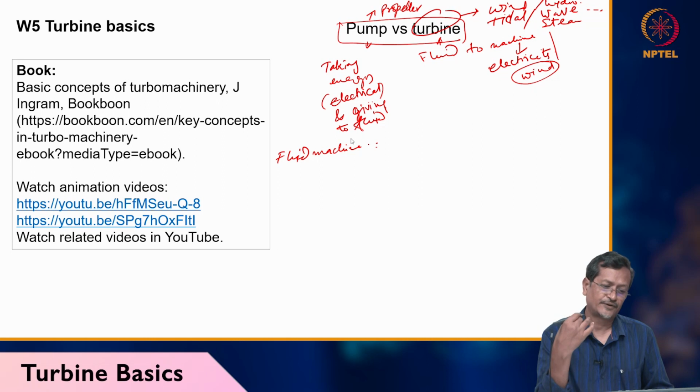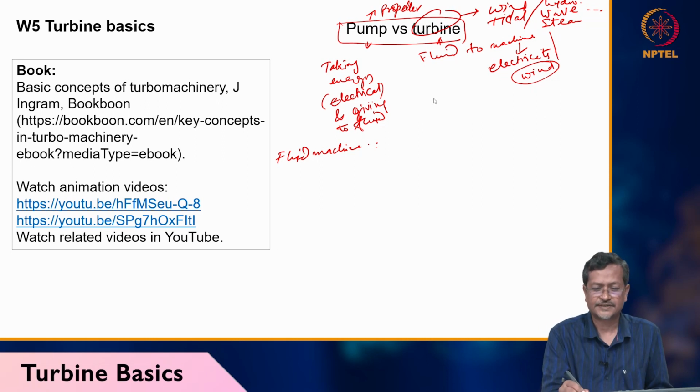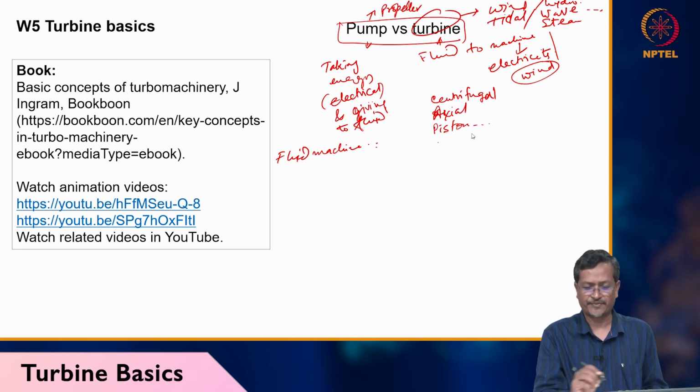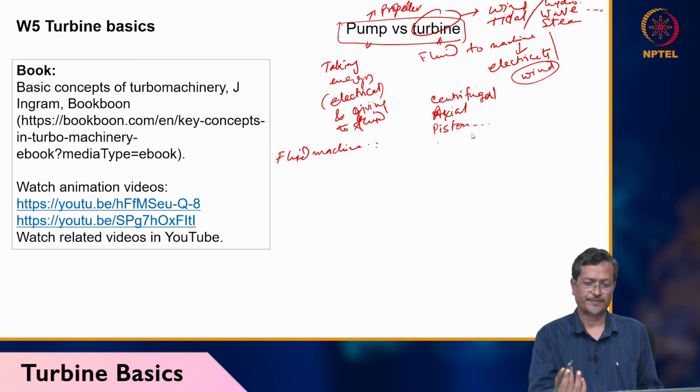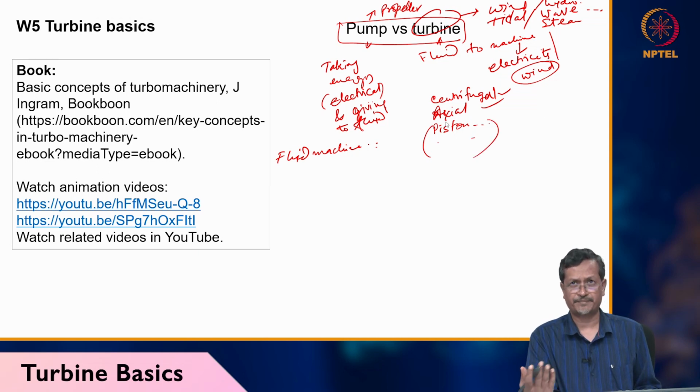Again, during discussion of pump, we discussed centrifugal and axial. Centrifugal, axial, and other types of fluid machinery you consider, such as piston pump, diaphragm pump, many types of pumps we considered. So here turbine also will have centrifugal, axial type, but piston type and other type pumps will not come under turbine.